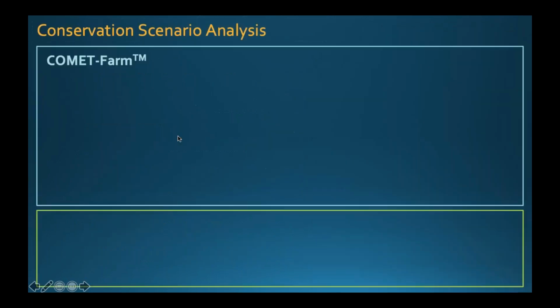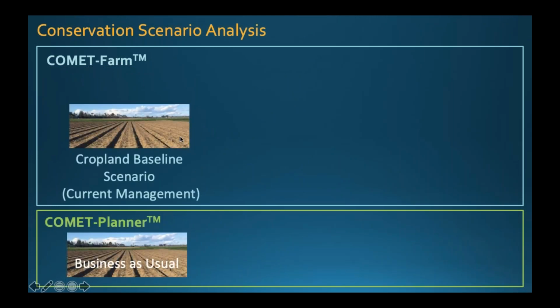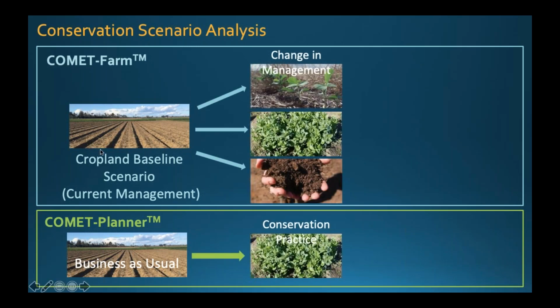So we've heard talk about Comet Farm and Comet Planner, and what do they do? These tools are built around a conservation scenario analysis. Comet Farm gives the users the ability to input historical management practices, so what was done pre-2000, and baseline data. The baseline data is what you are currently doing on your farm, your business as usual data.